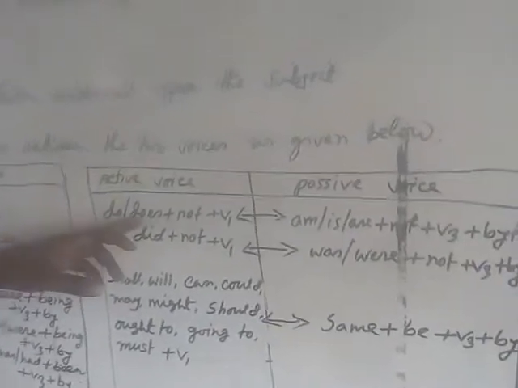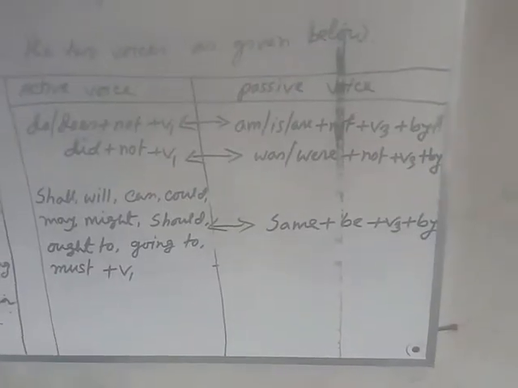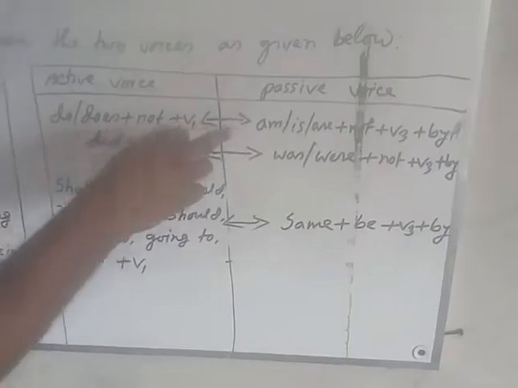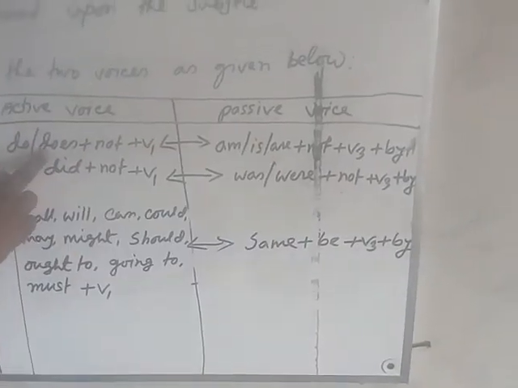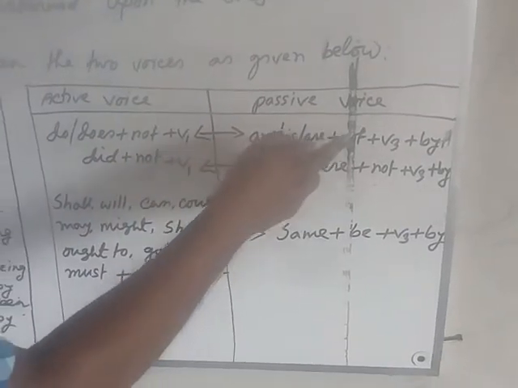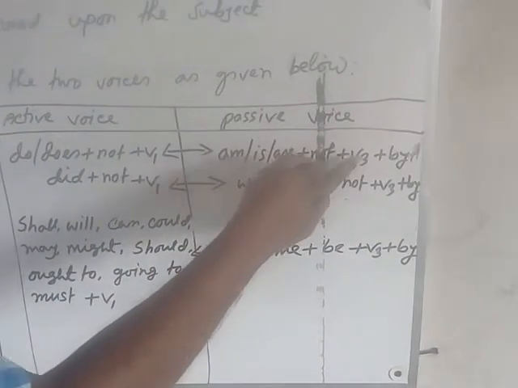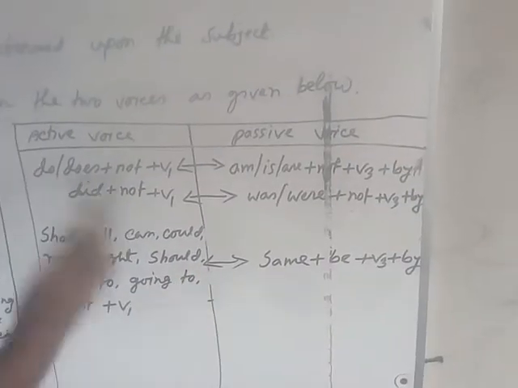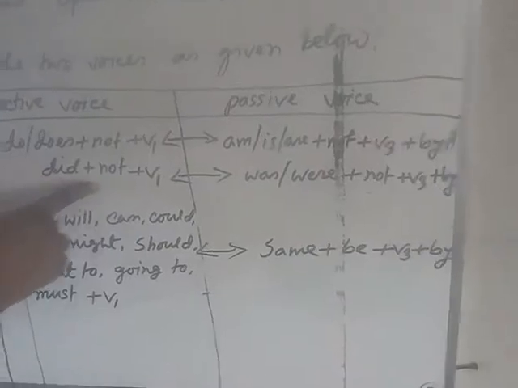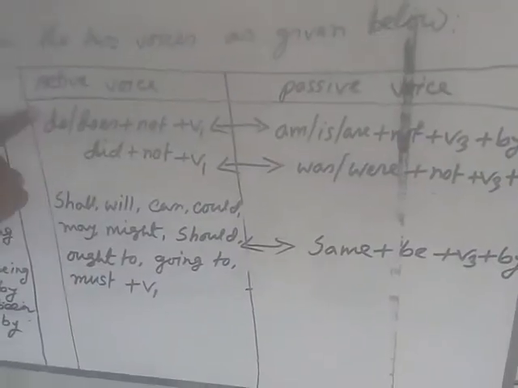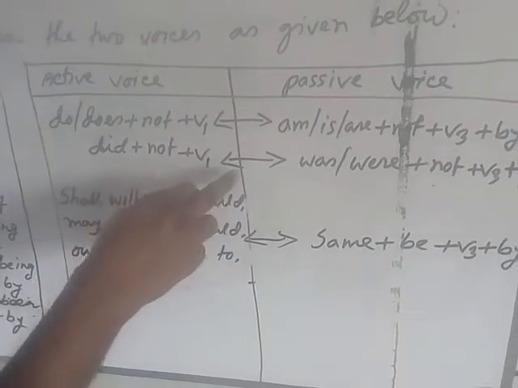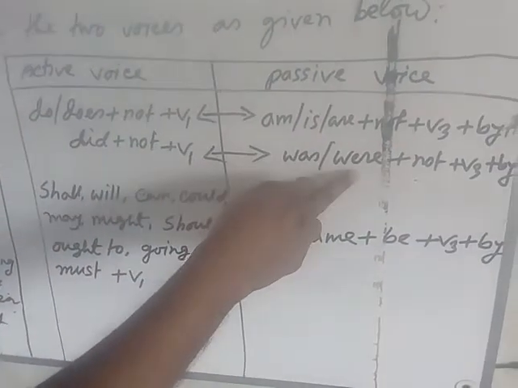And the following is do, does plus not, that means negative sentence, plus v1, it will be changed into am is are plus not plus v3 plus by. And in this way the past is did not plus v1, negative present tense, negative past tense, and it will be changed into was were.